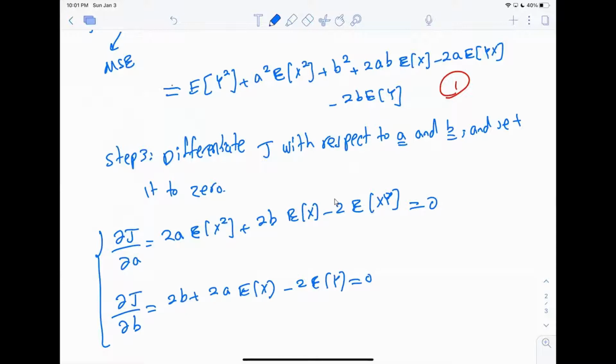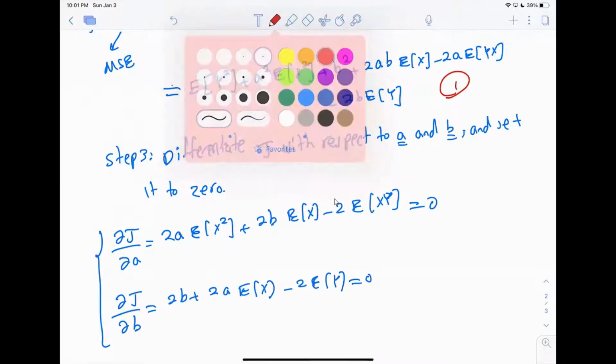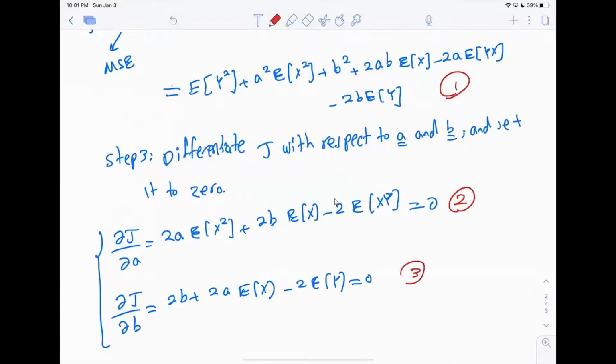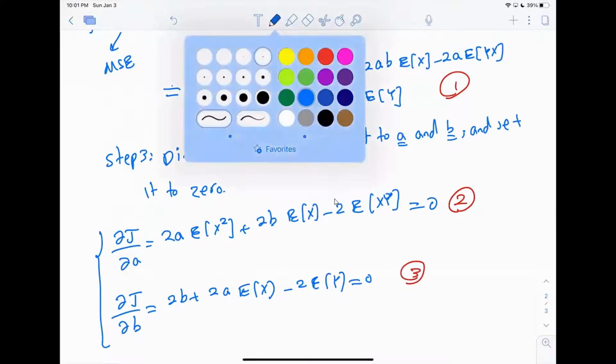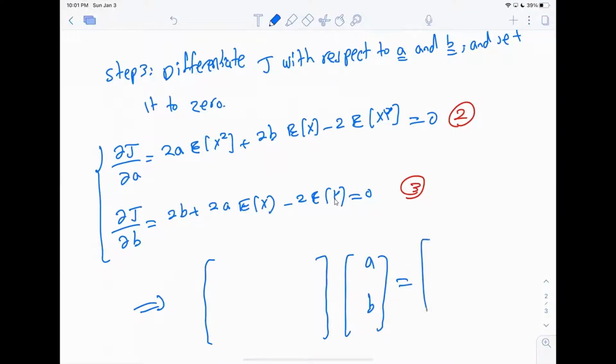Okay, so let's make it as a system of equations in matrix form. This is 2, this is 3, and let's write it like this, as follows. This is a and b, and this is going to be the right hand side.